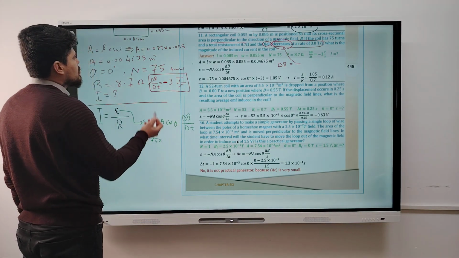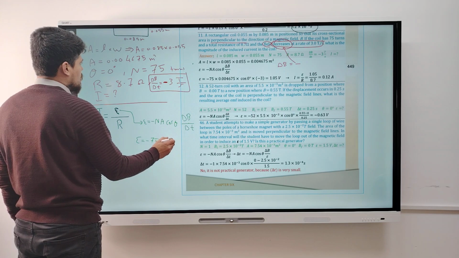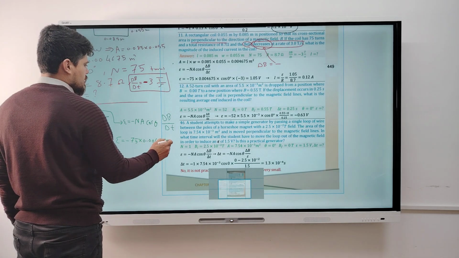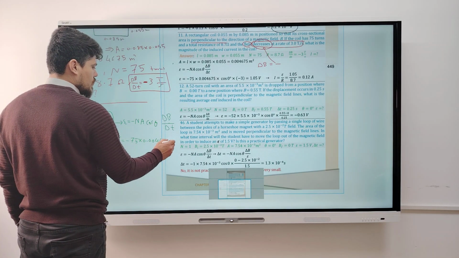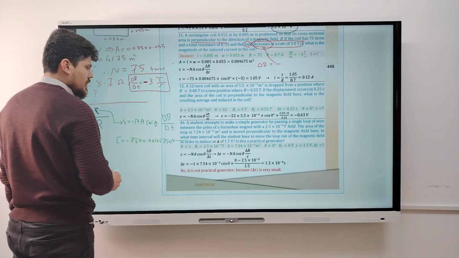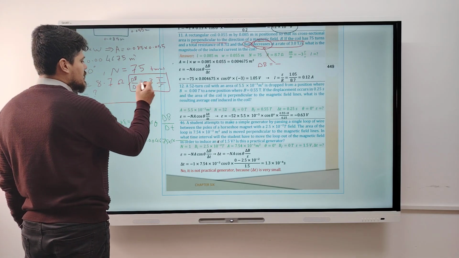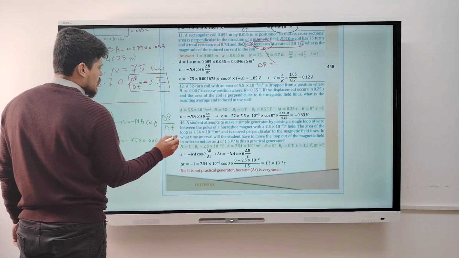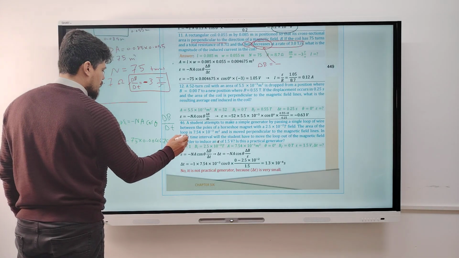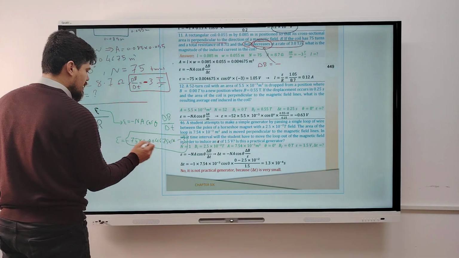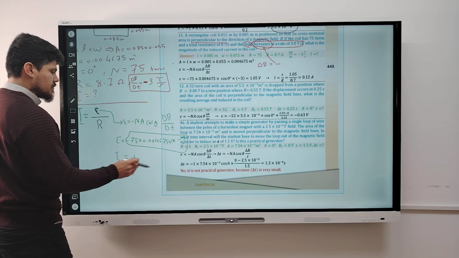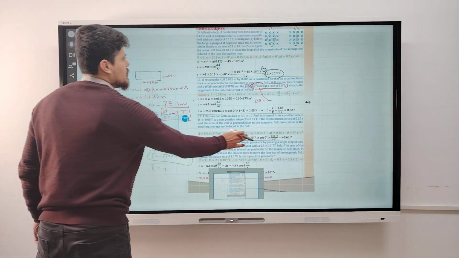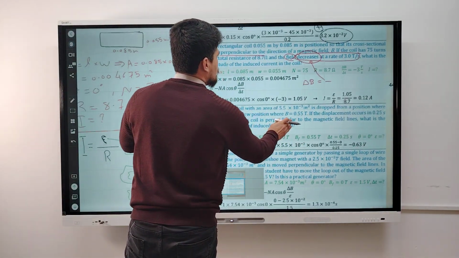We didn't have the area, but we found it, 0.004675, times cosine 0, times delta B over delta T, which was given directly. It was negative 3. Negative times negative is positive. Why is EMF positive? Because the magnetic field decreases.